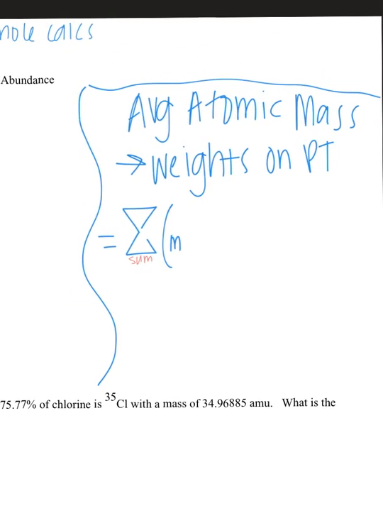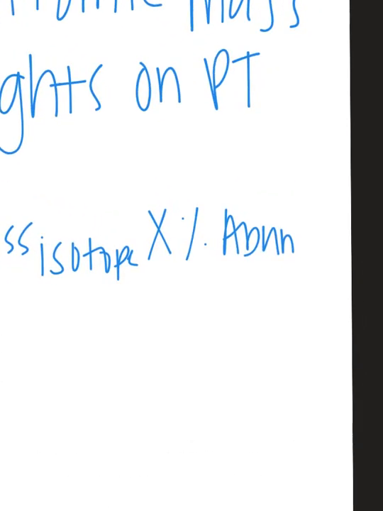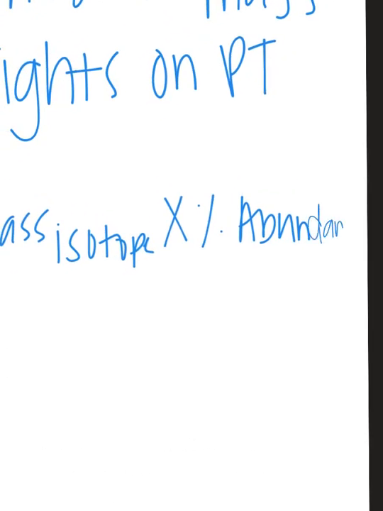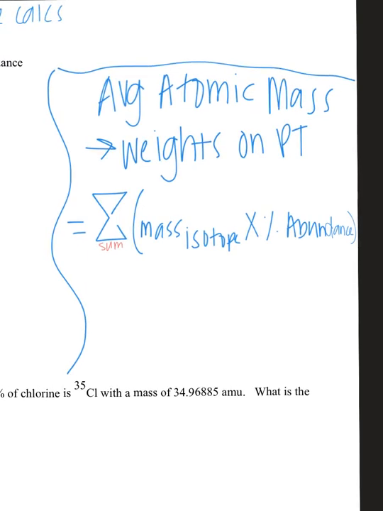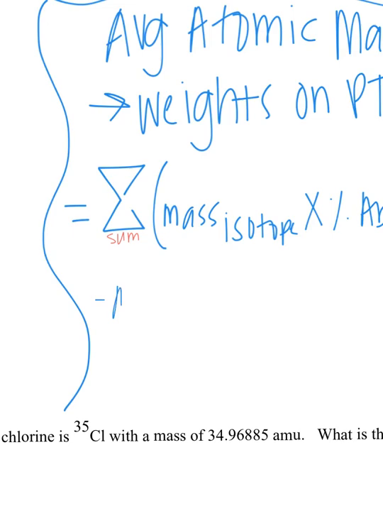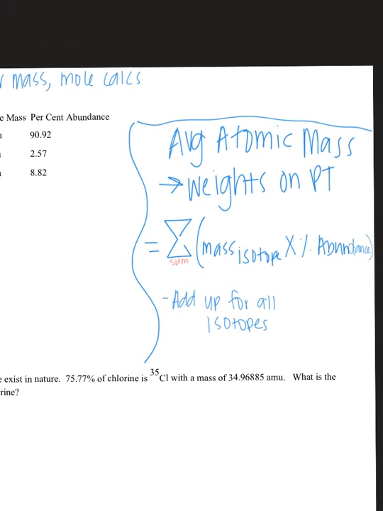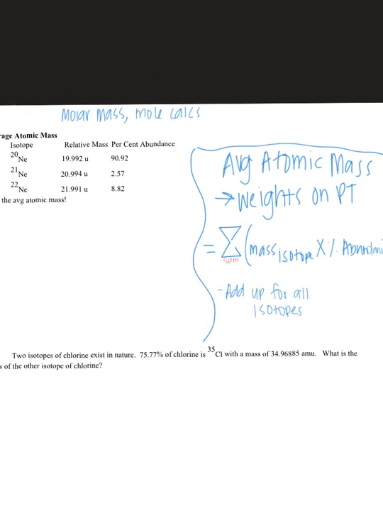Basically it's the sum of the mass of the isotope times the percent abundance of that isotope, and you do that for every isotope. So that's just a little refresh on average atomic mass.